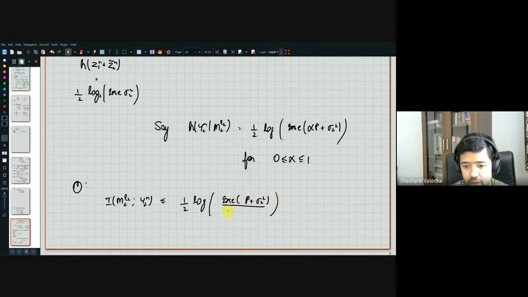So I can just say this is half log 2 pi e times alpha p plus sigma 2 square. 2 pi e and 2 pi e cancel.